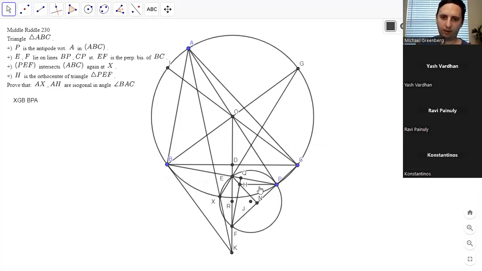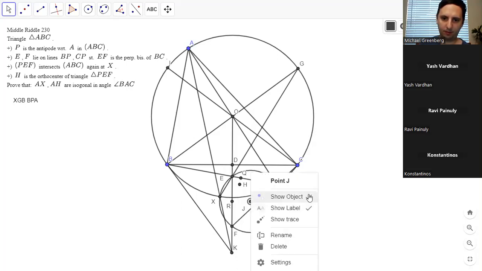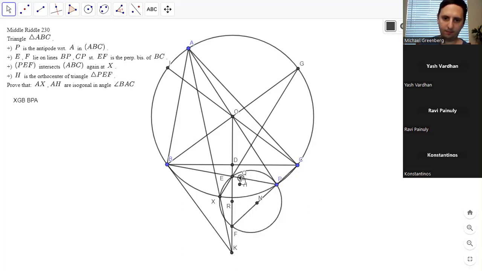Let me know if you want me to keep any of these points. I added an R. Okay, so let G and I be the antipodes of B and C.